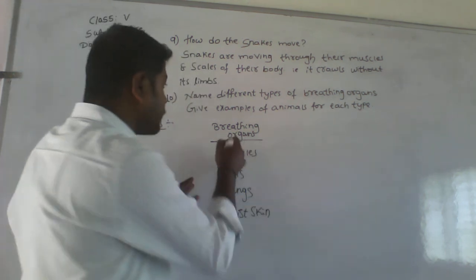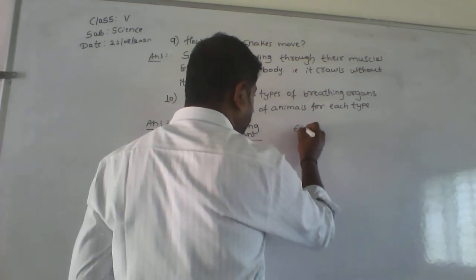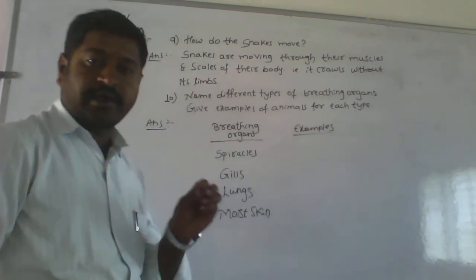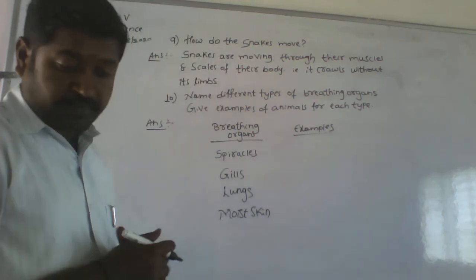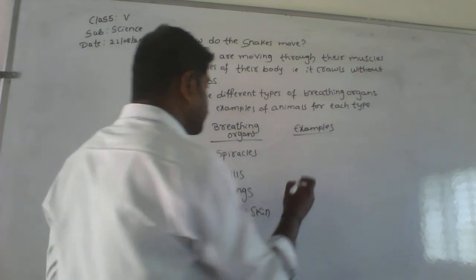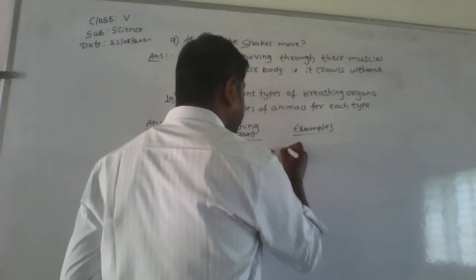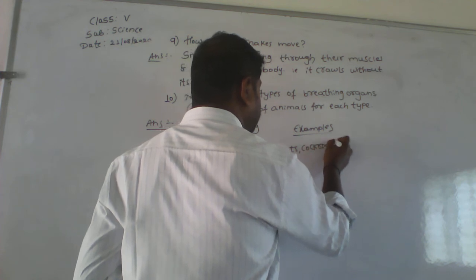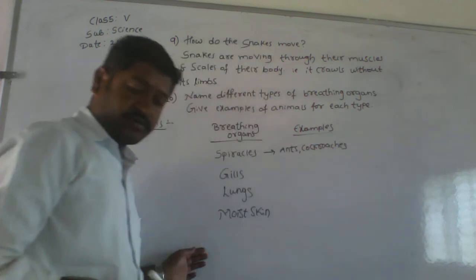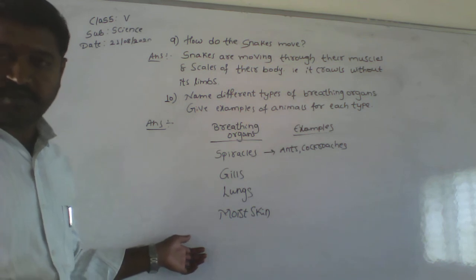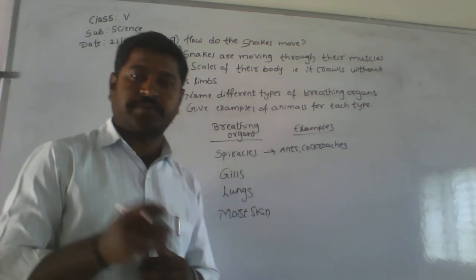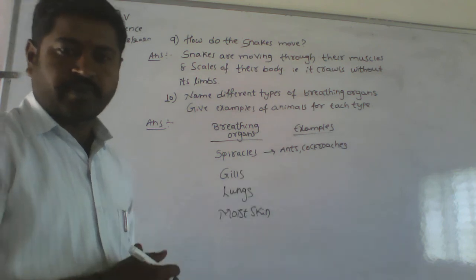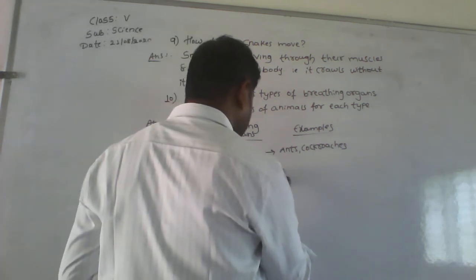Then we'll write examples for this, because they have asked to write examples. So which are the examples for spiracles? We have seen many, that is ants, cockroaches, and ladybirds, flies, mosquitoes, butterflies, and grasshoppers. So we can write two minimum.